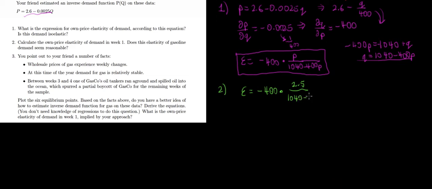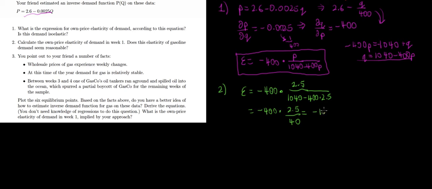Okay, what is this equal to? This is negative 400 times 2.5 over 1040 minus 1000, so this is equal to 40. And the 40s cancel.